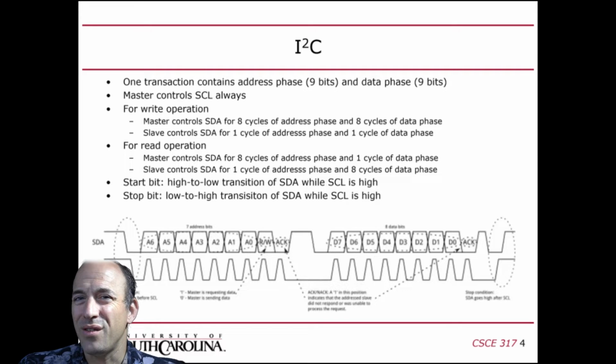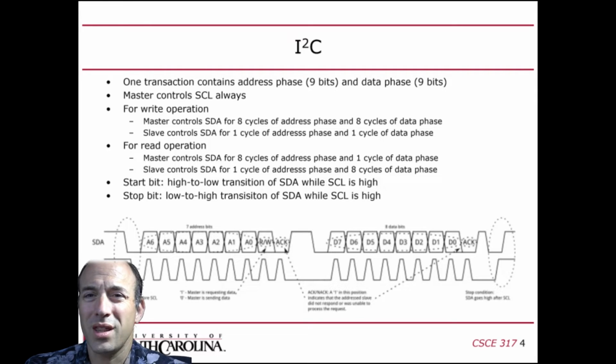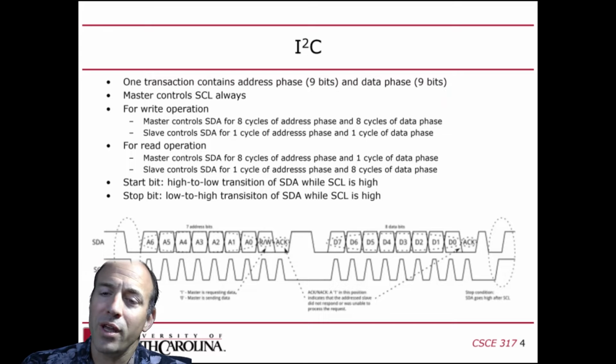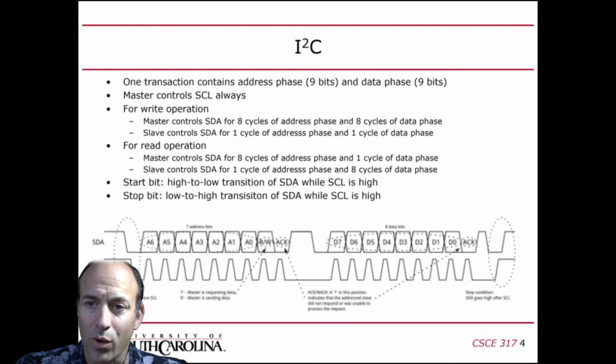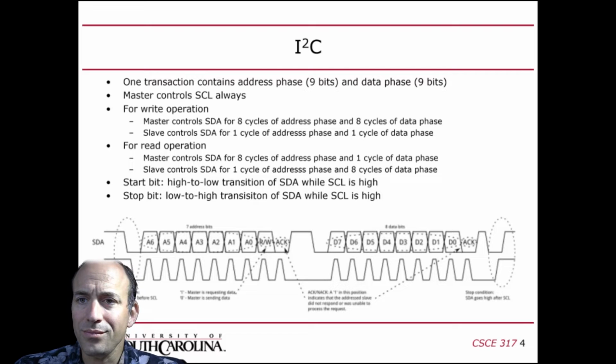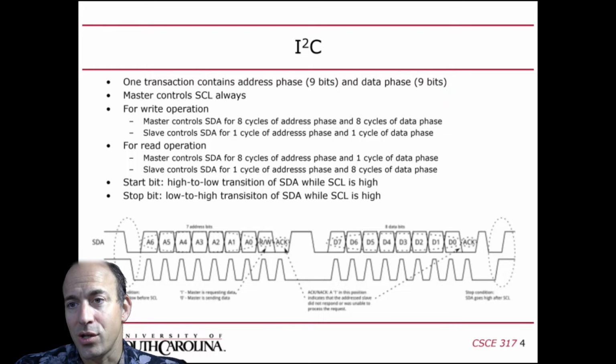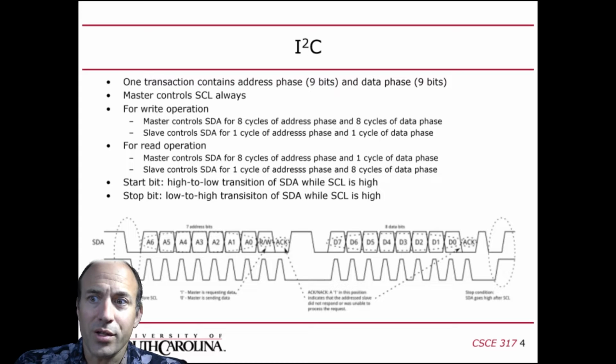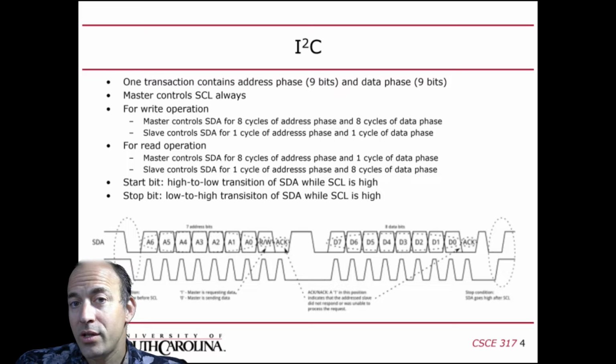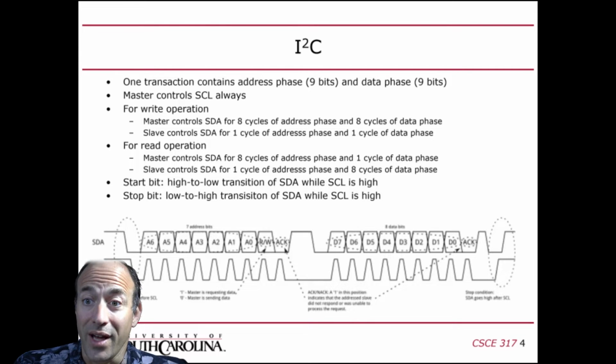That's the part that I think is the most tricky thing to understand here. So for a write transaction, the master will control SDA initially when the transaction starts, and it will use it to send 8 bits of address during the address phase. Also, it will control SDA to send the byte to the slave, because it's a write, during the data phase.